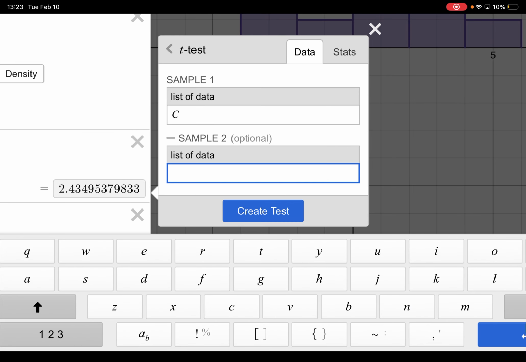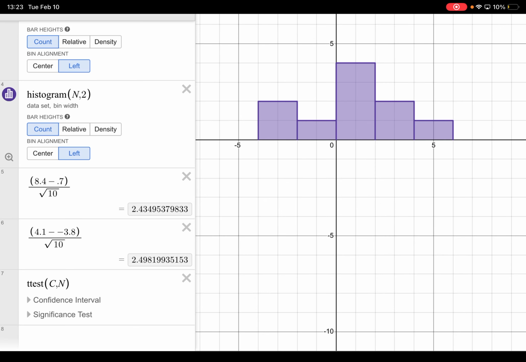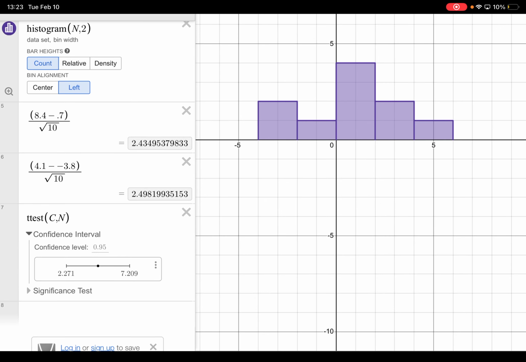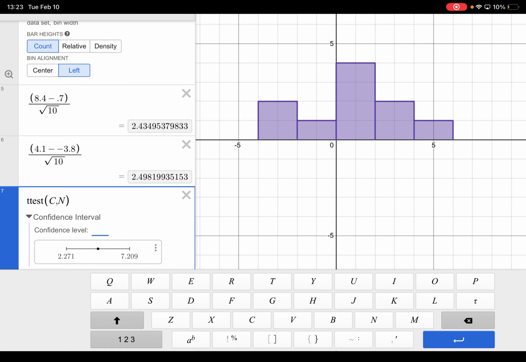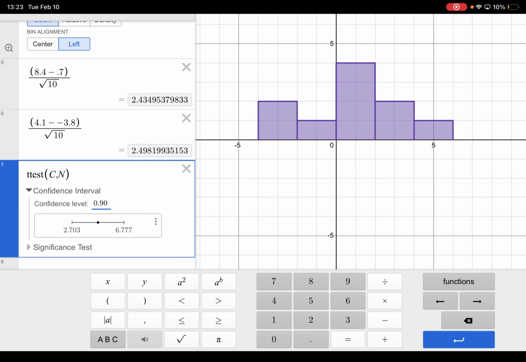Then on sample 2, I'm going to put in N for no coffee. Hit create tests. And then I'm doing a confidence interval at what percent confidence level? 90. So I'm going to go to 0.90. And notice I get the interval 2.7 to 6.7.